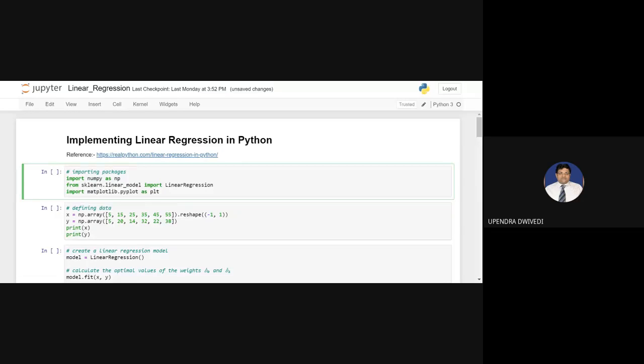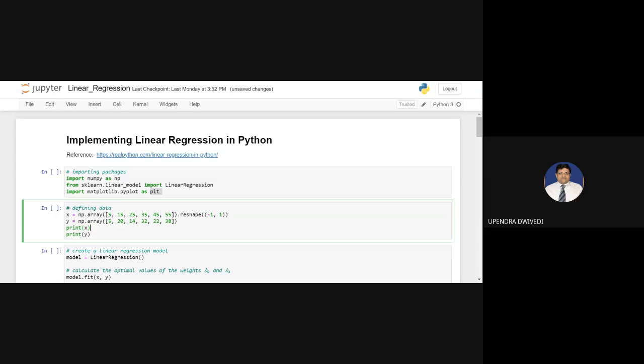We have to import the NumPy array package. Then we'll import the linear regression model. And for plotting the diagram, we'll import matplotlib.pyplot. We call this package plt. So whenever we are representing pyplot, we'll just write plt and it will represent this package.